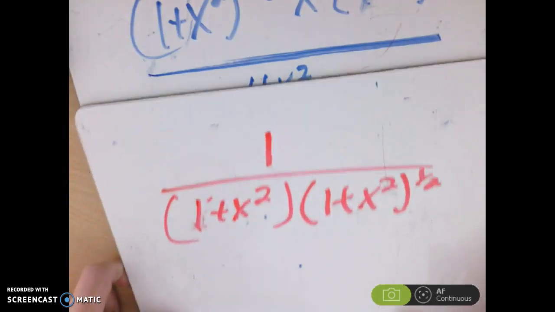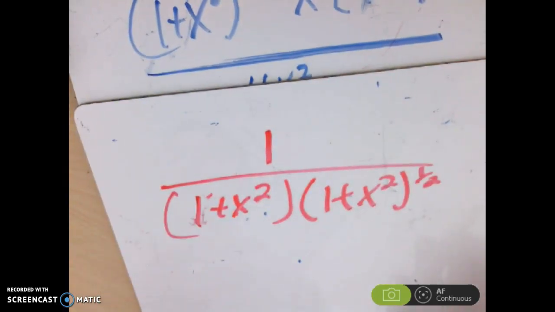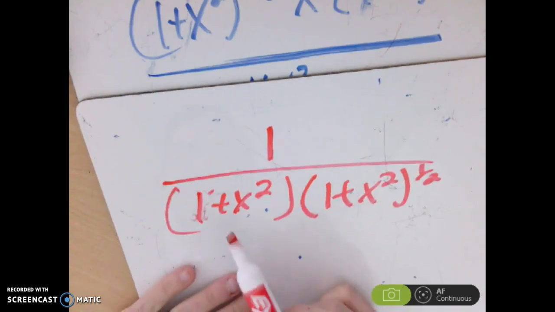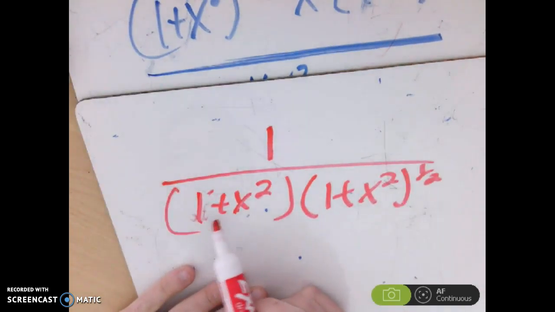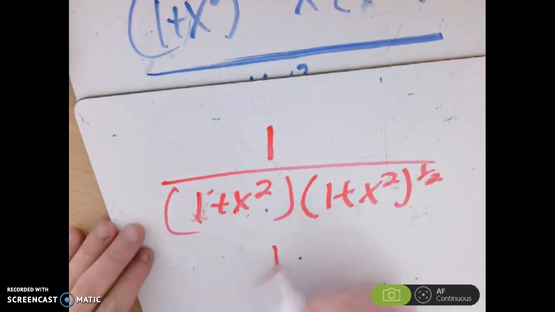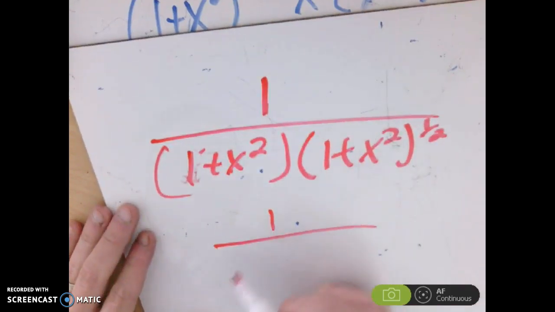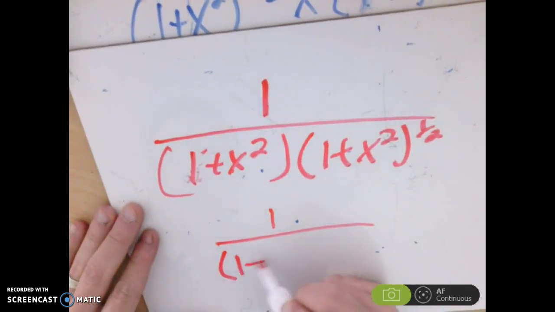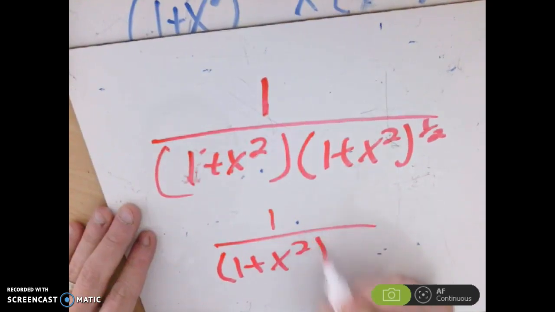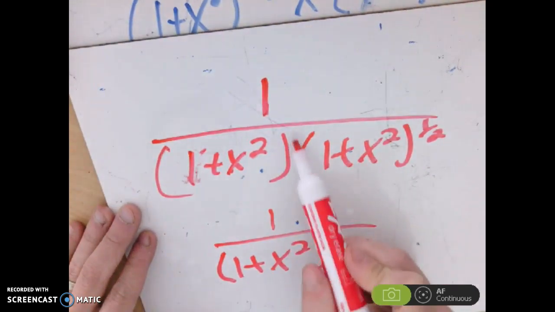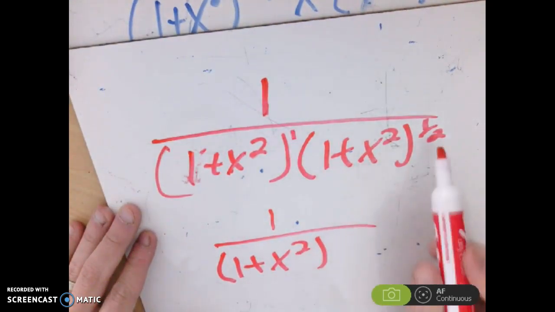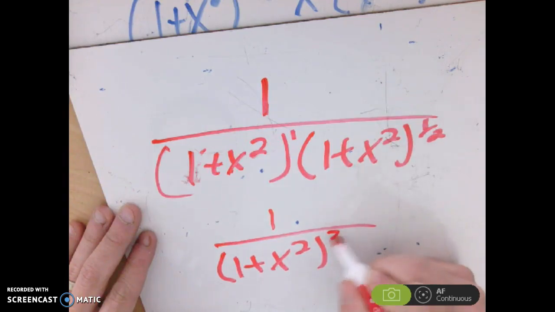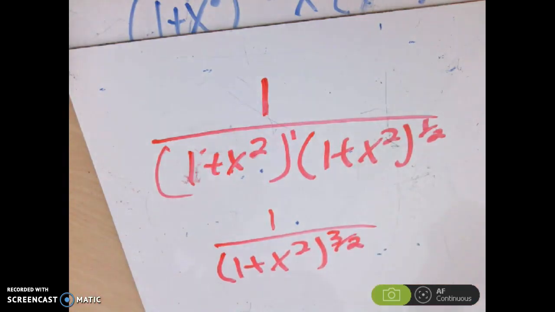Wow, I was off the screen that whole time. So I have 1 over 1 plus x squared, and then I have a 1, and then I have a 1/2. So that's really to the 3/2. And that's it.